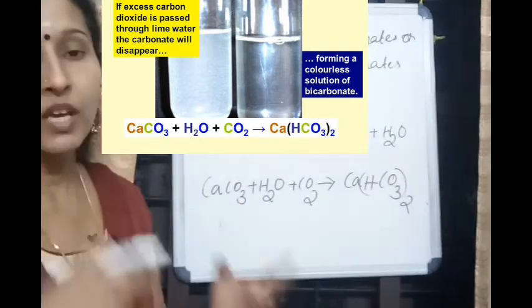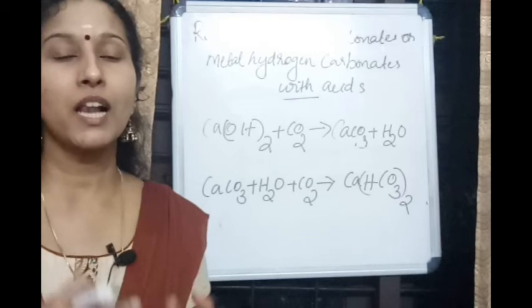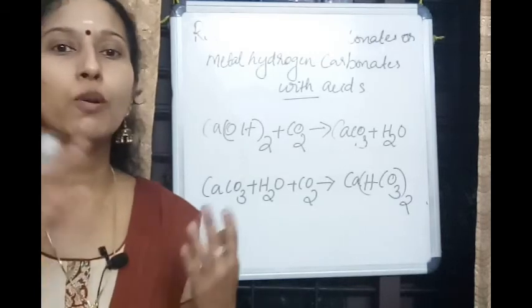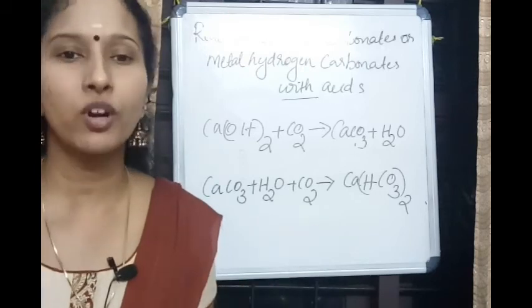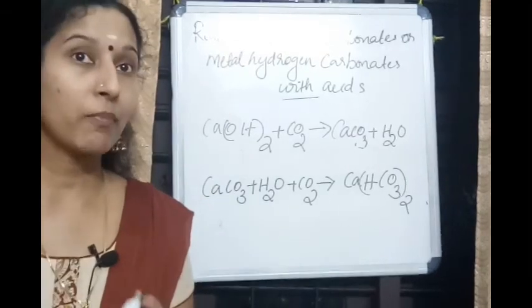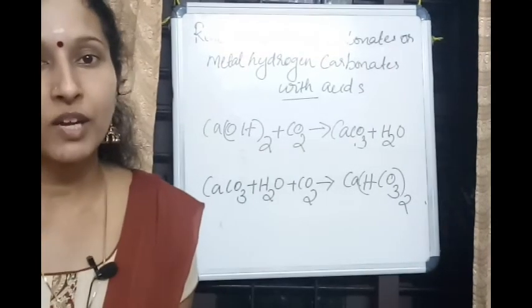So on passing excess carbon dioxide, we get the product calcium bicarbonate, which is soluble in water. But calcium carbonate is not soluble in water. So calcium carbonate is insoluble in water, but calcium bicarbonate is soluble in water.